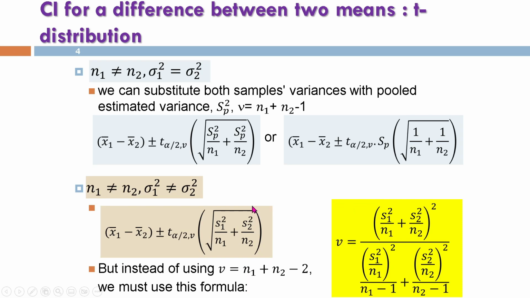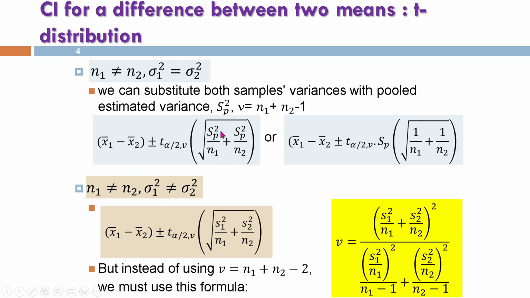The third case is actually same with the second case where both population variances are same. So s1 squared replaced by sp squared, s2 squared replaced by sp squared. However, in the third case n1 is not equal to n2. Now we got the last case where both sample size and both population variance are not the same.